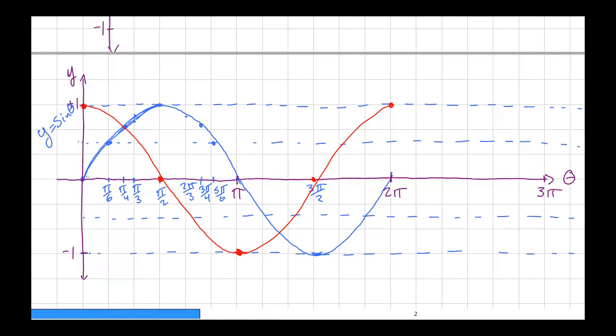If I continue with the blue one, same pattern. At pi over 2, which is here, it was up, and at 3 pi it'll come down. And for the red graph, it's going to cross at 0 and be at -1 at 3 pi.